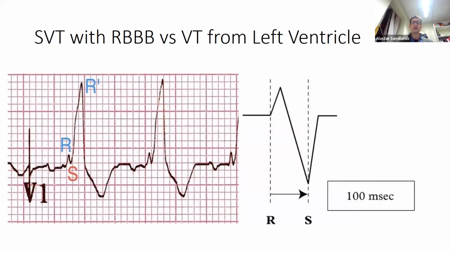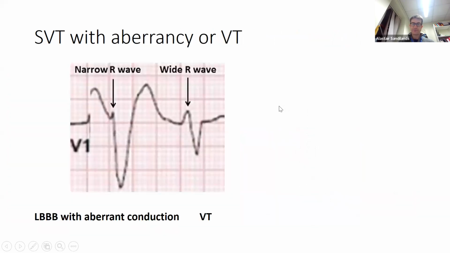If we're trying to look for a difference, looking from the beginning of the R to the bottom point of the S wave, if that's greater than 100 milliseconds, then we're dealing with a beat that's ventricular tachycardia, and we don't have 2 bunny rabbit's ears, we normally just have 1. The other way around, looking at left bundle branch block, we're looking at the R wave.